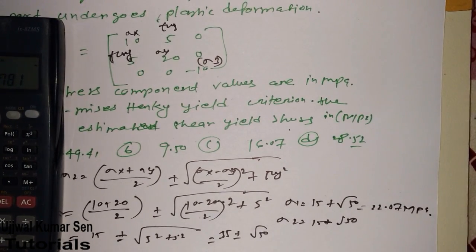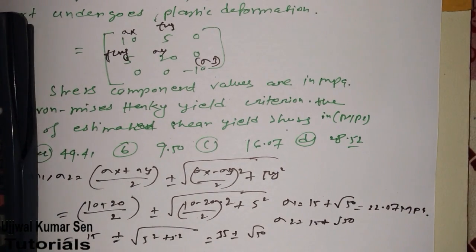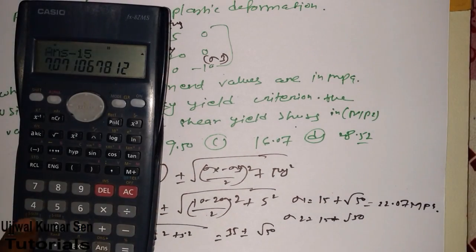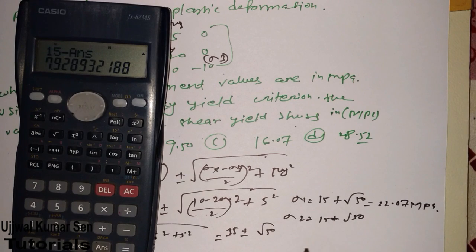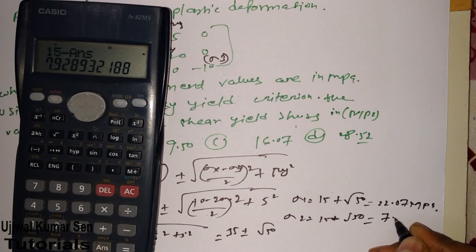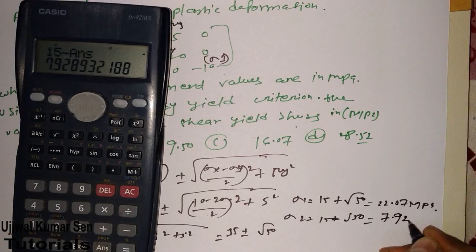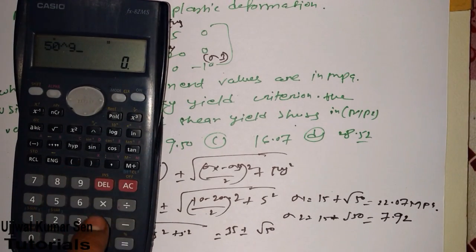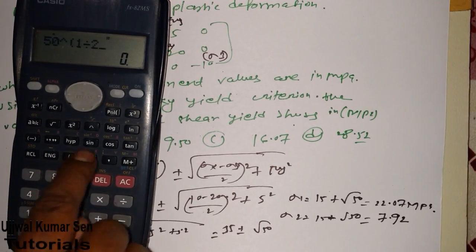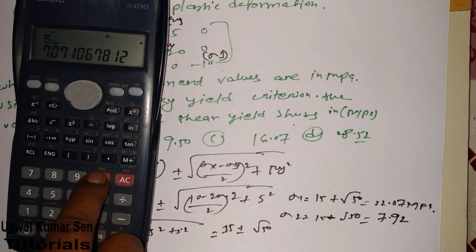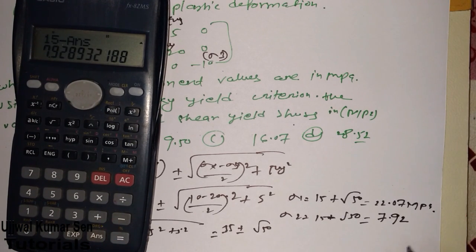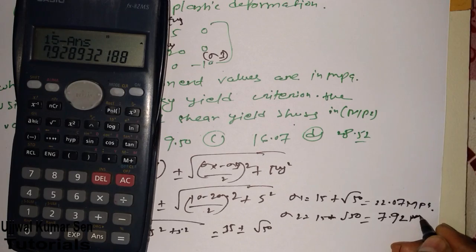And for 15 minus the answer, we get 7.92 megapascal.